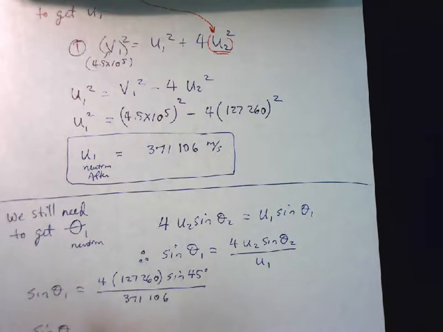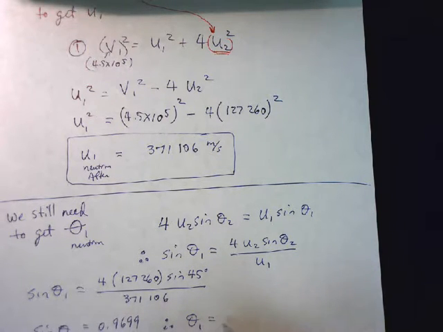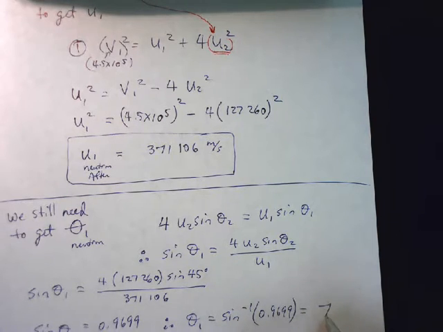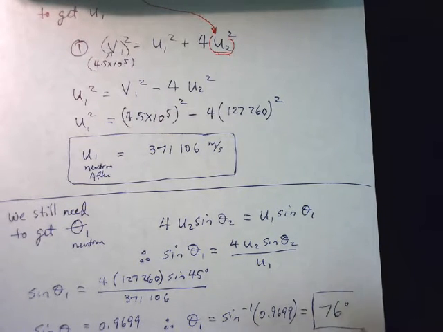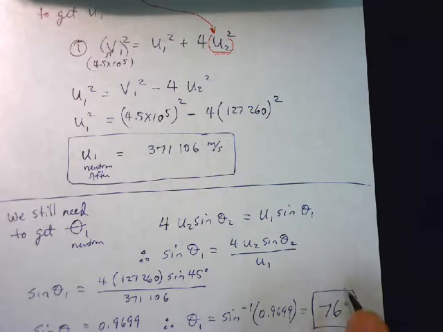So when we do that, we get sine theta 1 is equal to 0.9699. And if we take the inverse sine of 0.9699, that's equal to 76 degrees. So that is theta 1.